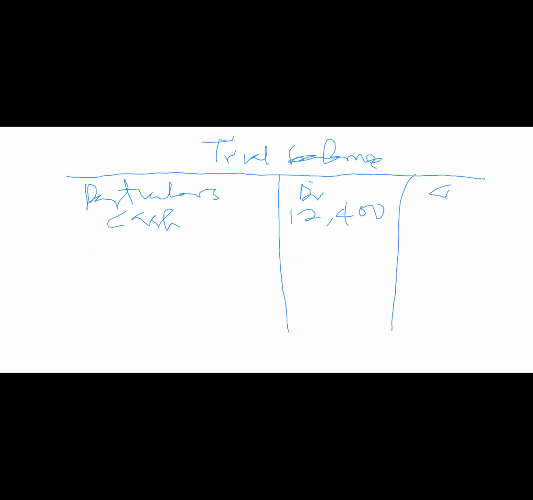Yes, sir. 12,400. Then we have sales. Sales will be posted to the credit side, and we have sales of how much? How much is the sales? 18,500. 18,500. Followed by what?